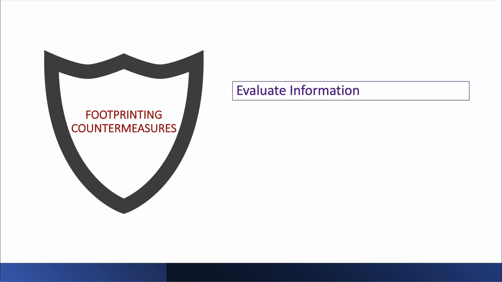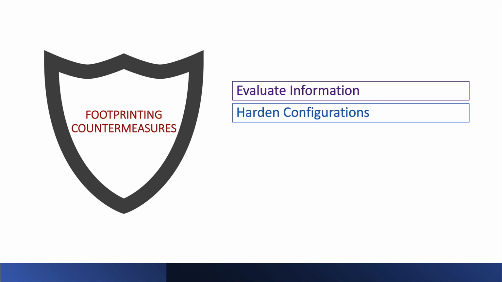And of course, if it's private or confidential, don't put it out there to be available, and remember, hiding information is not securing it. Number 2, always harden the configurations of your routers, your firewalls, your intrusion detection and prevention systems so that they restrict footprinting requests.